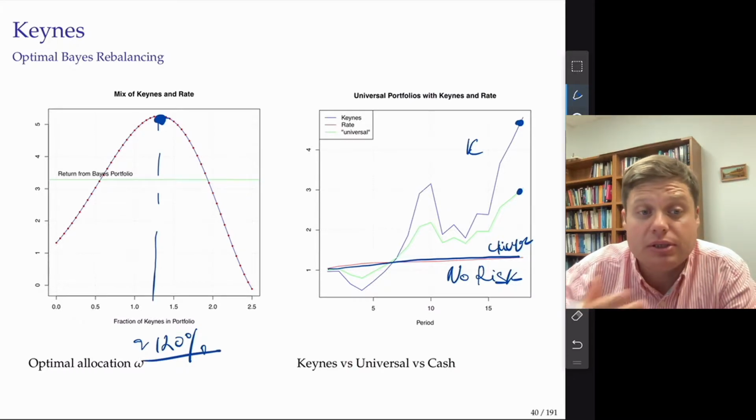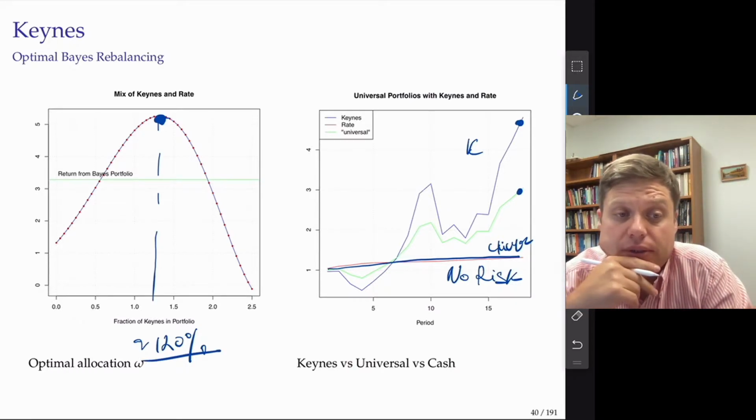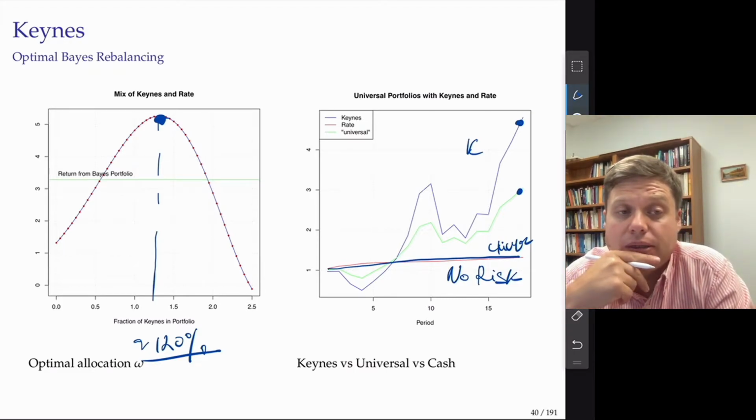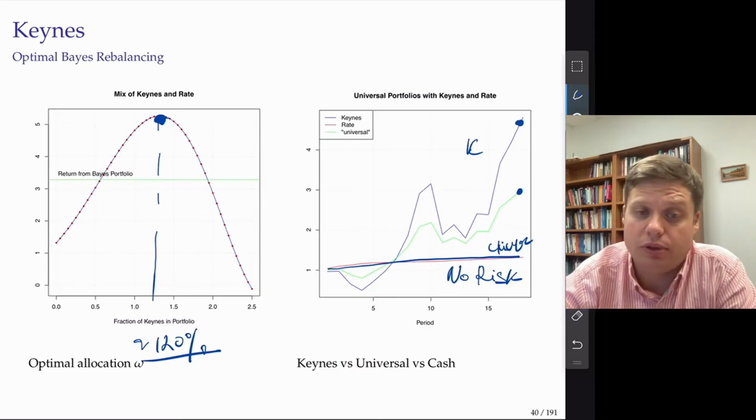So yeah, the allocation ratio depends on the performance of the portfolio, and this Keynes portfolio, although it's very volatile, is also very profitable. So you want to leverage money to put into this portfolio.